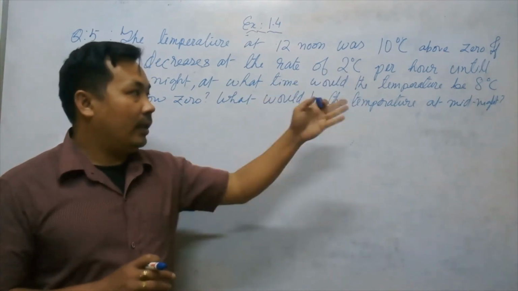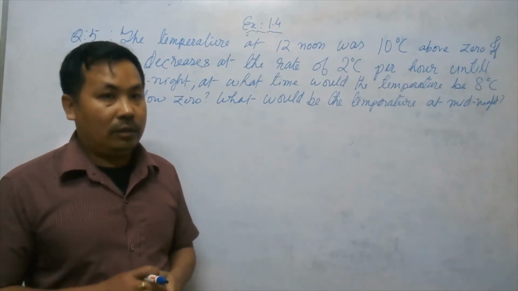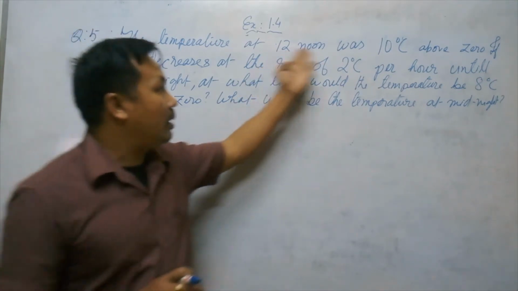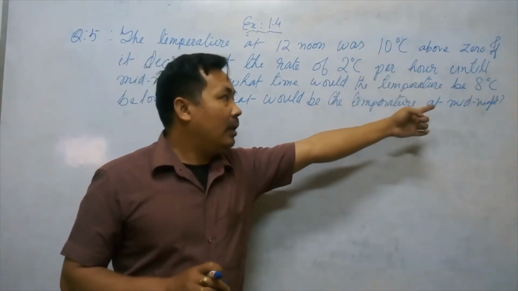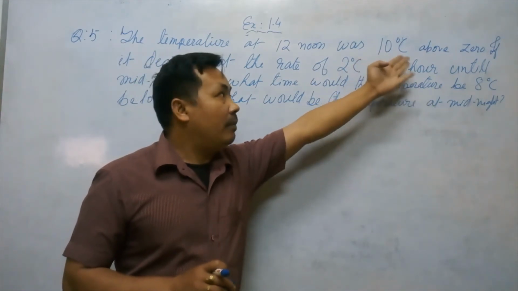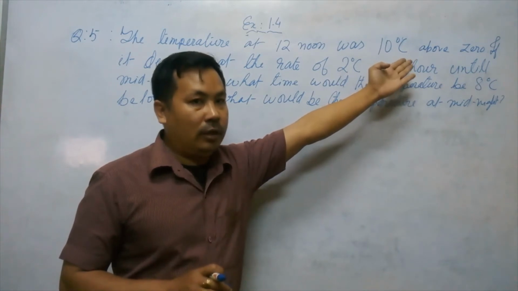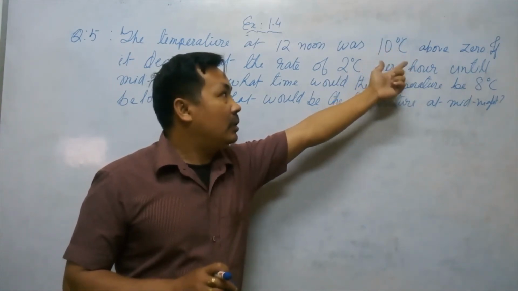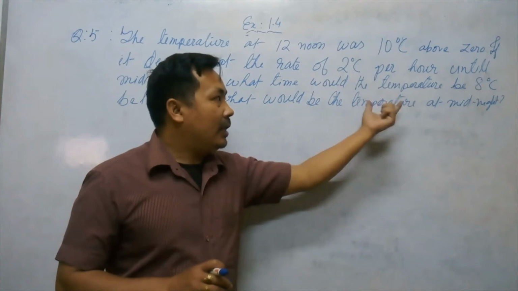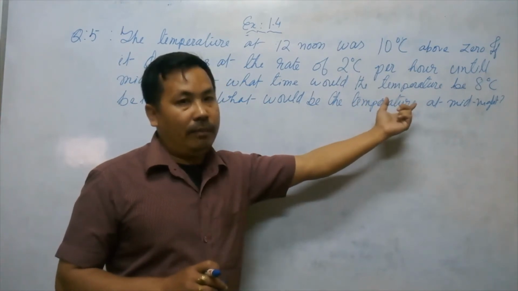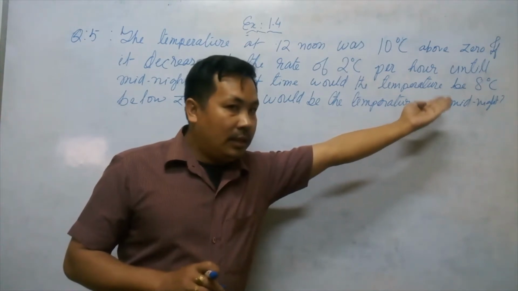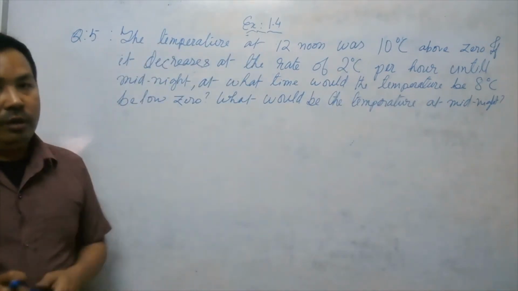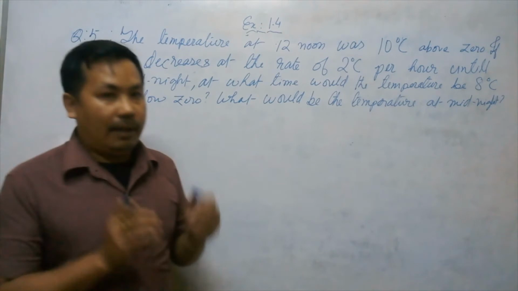At 12, the temperature is 10 degrees Celsius above 0, but at a certain time it will be minus 8 degrees Celsius, below 0. So we have to find the difference of the temperature first.